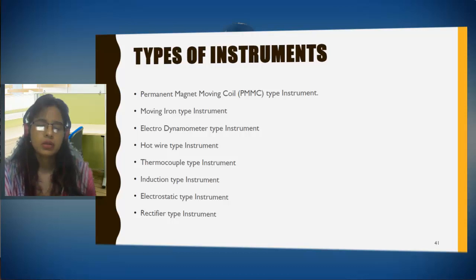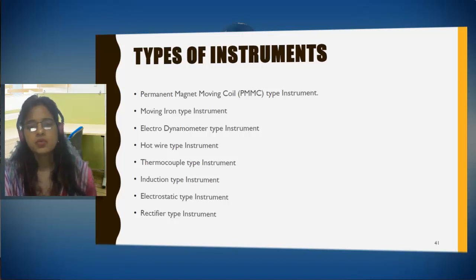Then the controlling force and control system were there. What are the two types of control system? Those were discussed. Then different damping systems were discussed, because damping force is required to get the output.